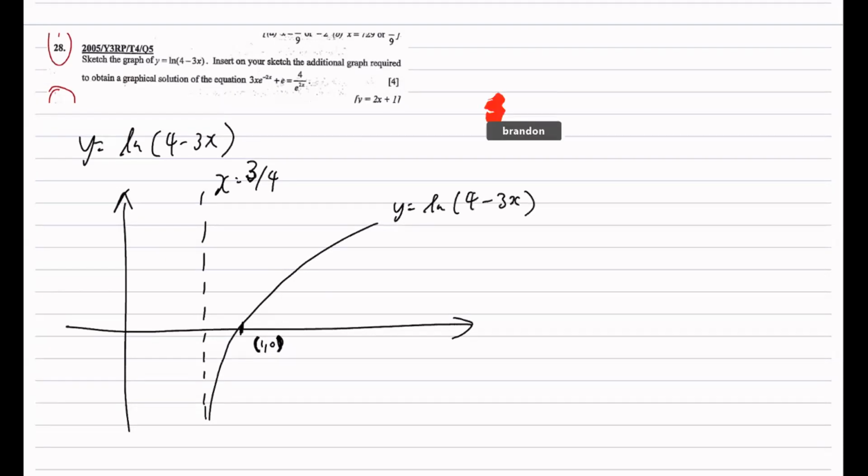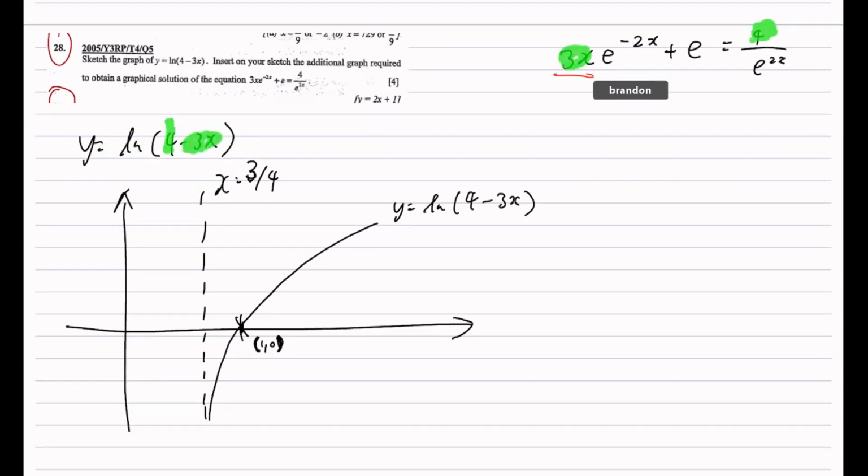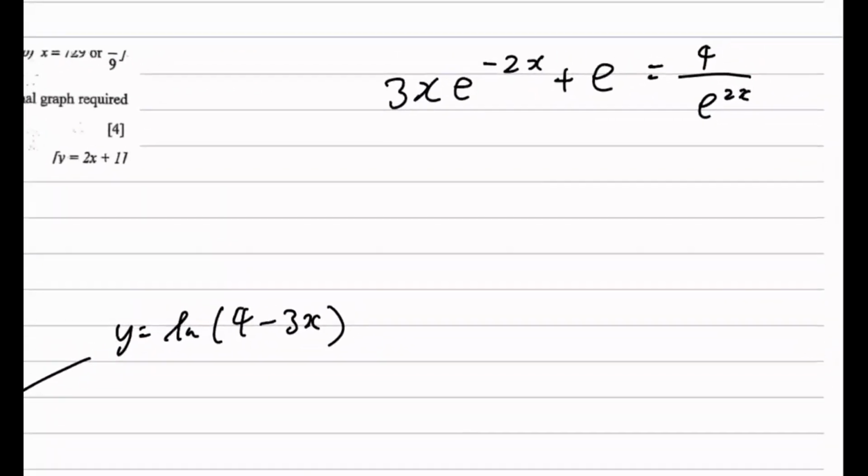All right. Good. What else? Copy the equation first. Then you need to get ln of 4 minus 3x. How? Wow, it's getting more and more complicated. But I hope you can see that there's a 4, there's a 3x. Here also got 4, here also got 3x. So you need to link them together. So maybe it will be nice if we just take ln on both sides.